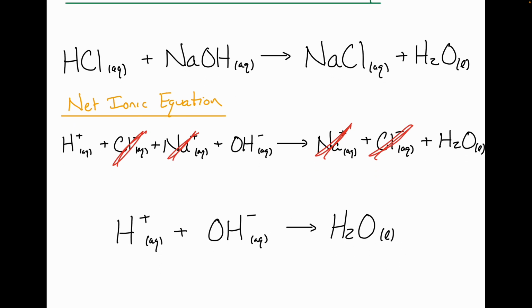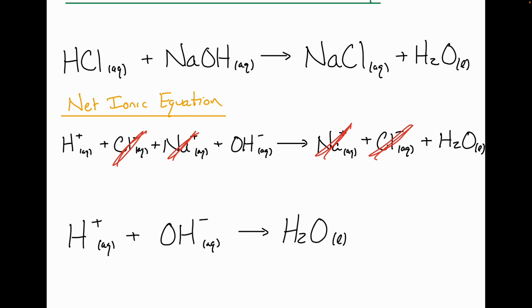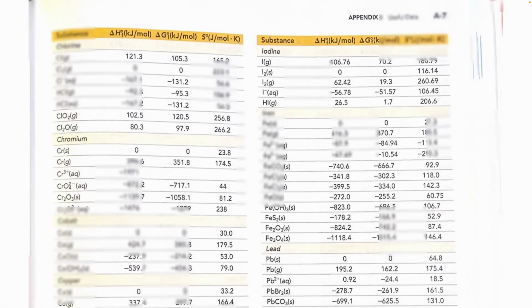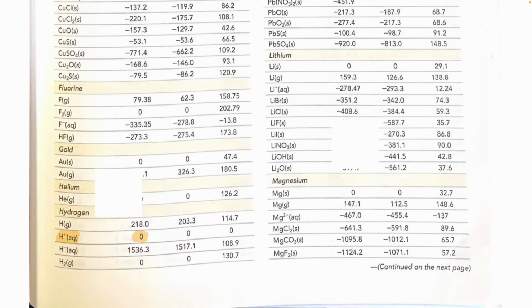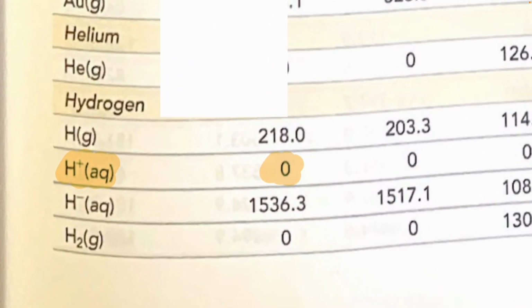Cool. All right, and of course we're going to need the enthalpy of this equation here. This is our enthalpy week. So we're going to go to that standard formation enthalpy page and look up our compounds. Oh look, there's one of them for you. Hydrogen ion.